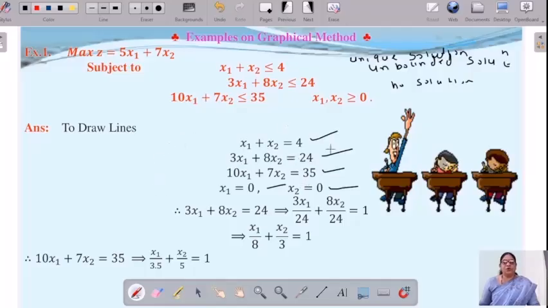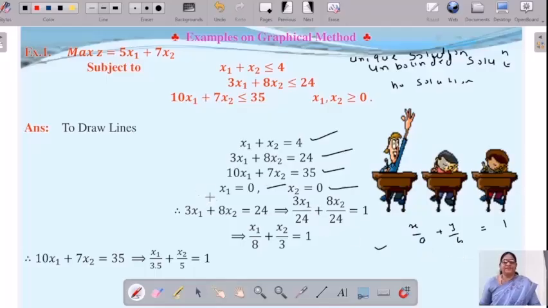Now, to draw all these lines, we know that x upon a plus y upon b equal to 1 is the two intercept form, where a is called the x intercept and b is called the y intercept.